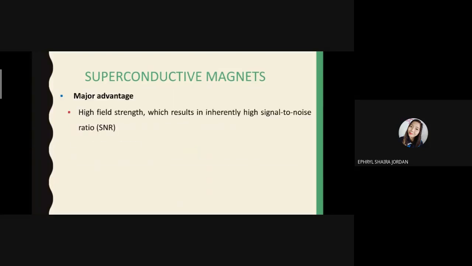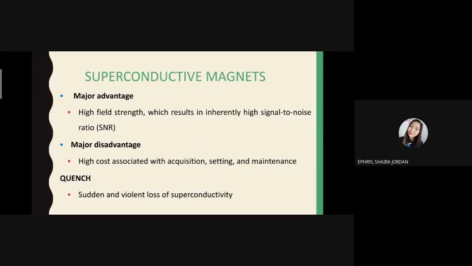Now, let's discuss the advantage and major disadvantage of a superconductive magnet. One major advantage of the superconductive magnet is high field strength, which I discussed, which then results in an inherently high signal-to-noise ratio, or SNR, which could also give you a high-quality image.